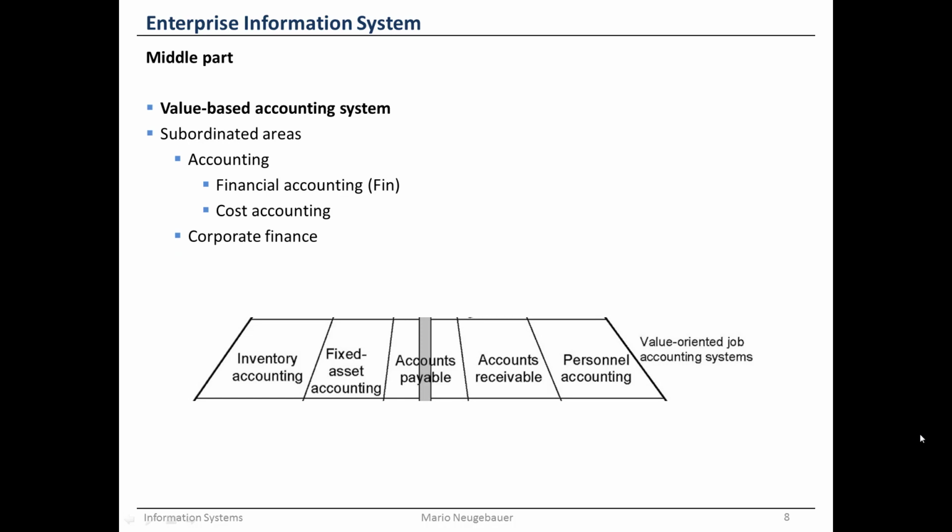Then on the next layer, we are in the middle part, so to say. There's more the value orientation. So it is still important to have certain numbers, a certain number of products produced, certain numbers of personnel acquired, or whatever is important to map as a number. But still, you have an additional aspect, the financial aspect. So you do not care anymore only about numbers.